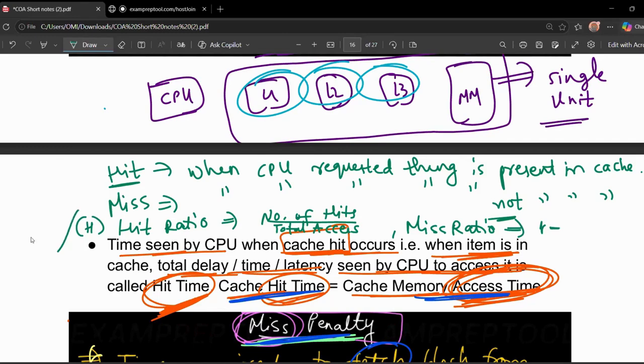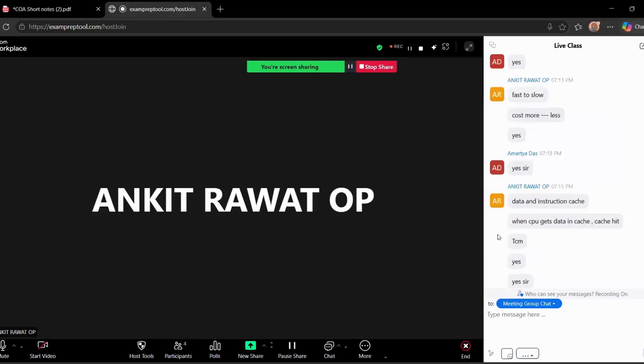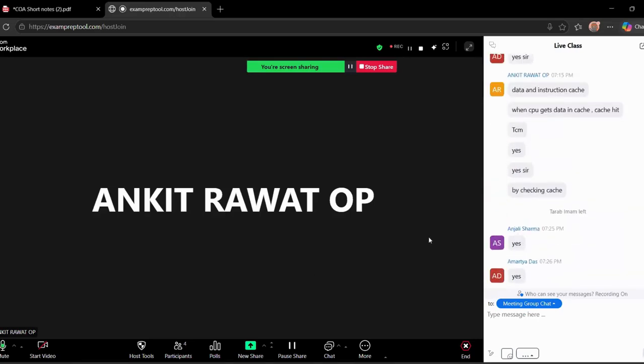It is also called hit rate, so hit rate, hit ratio or H, it is all the same. The miss ratio will be 1 minus H, which is the total number of misses divided by total accesses. You can put this in your short notes.